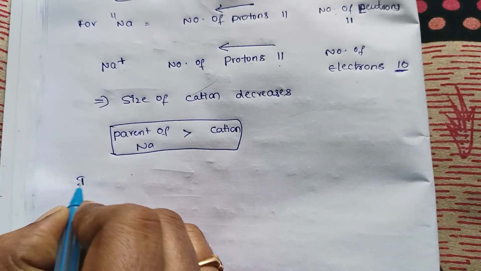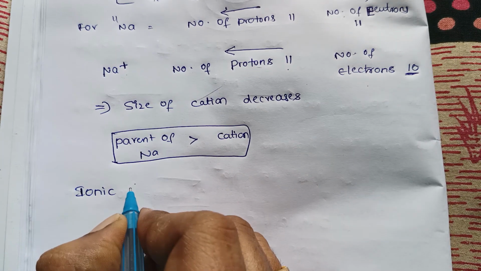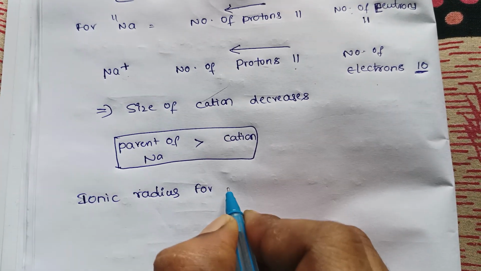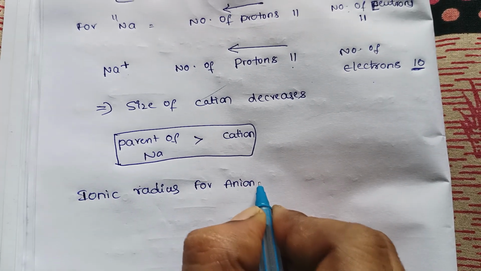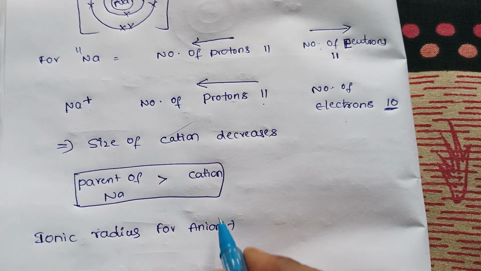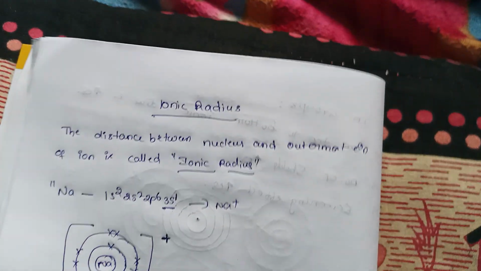Now, ionic radius for anion. Before going to the ionic radius for anion, we will discuss one thing.